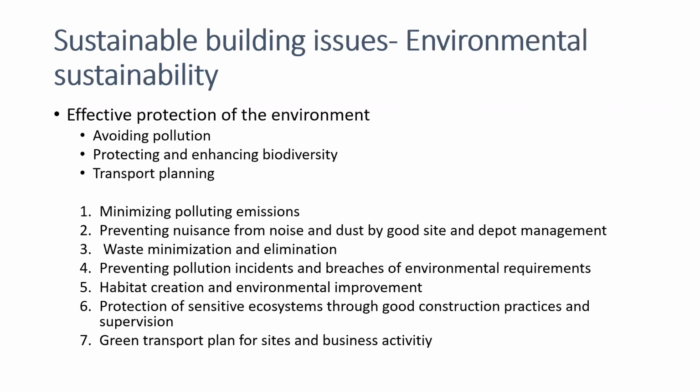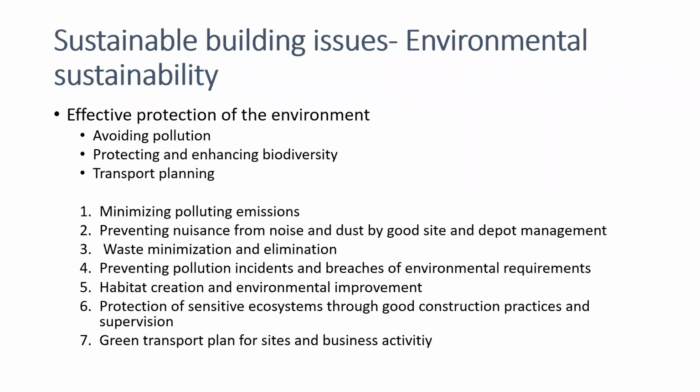Then when it comes to environmental sustainability, we can discuss it mainly in terms of avoiding pollution, protecting and enhancing biodiversity, and transport planning. Effective protection of the environment can be achieved by avoiding pollution, protecting and enhancing biodiversity, as well as proper planning of transport.